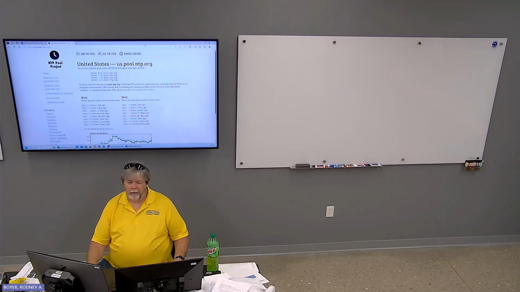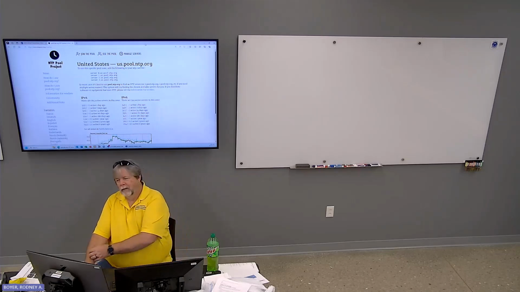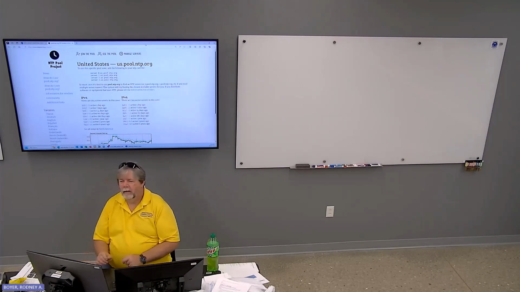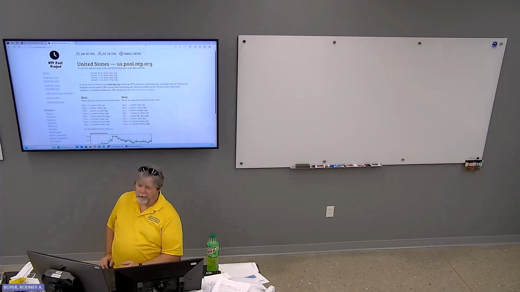Is that correct? Your phone is connected to a cellular network, and the cellular network knows exactly what time it is all the time. So even if that phone doesn't have service, it may still be connecting.